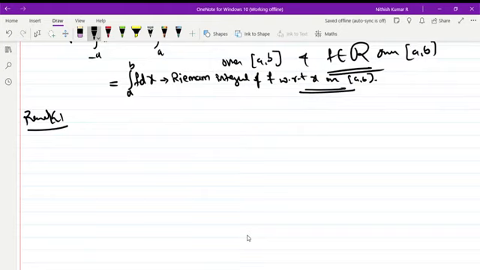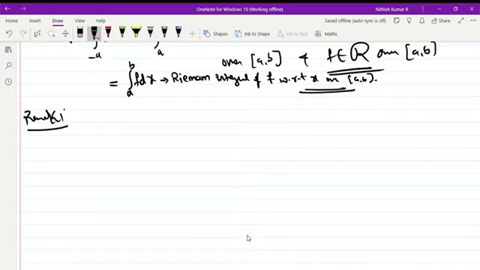That means there is some function which is not Riemann integrable, and this was given by Dirichlet, mathematician Riemann's PhD guide. Dirichlet is also one of the greatest mathematicians.